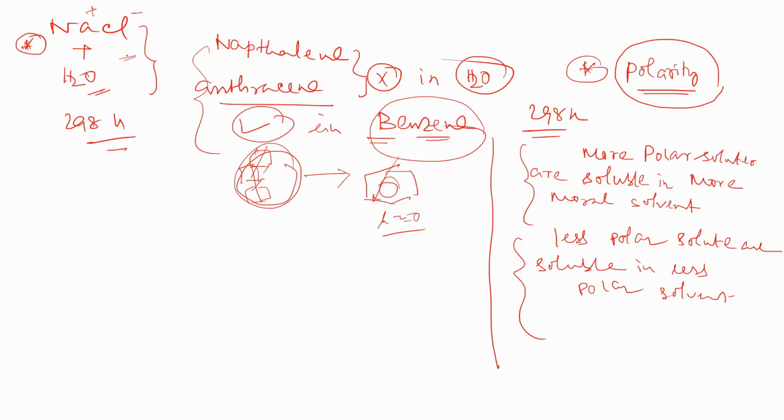This is an ionic species, so it is more polar. Water is also a polar solvent. So NaCl is soluble in more polar solvent, but anthracene and naphthalene are less polar solutes, so they are soluble in the less polar solvent. So these are the cases.